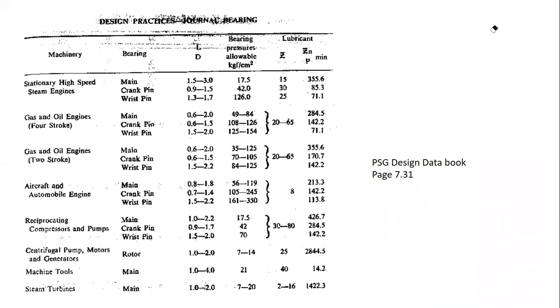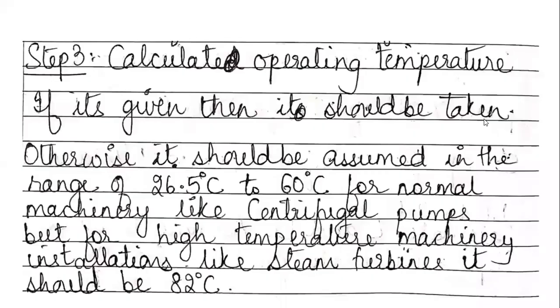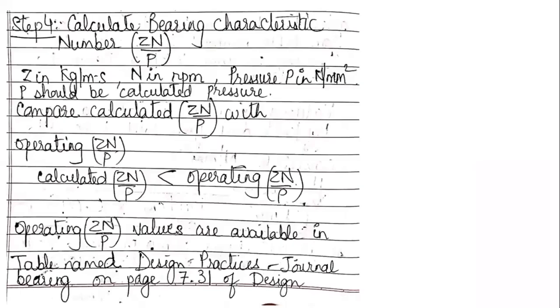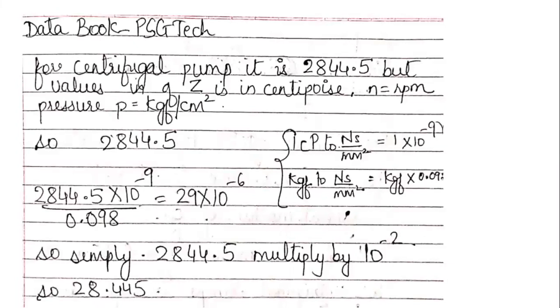Now, you should understand that the values in the PSG design data book are in kgf per centimeter square and different other units. So for centrifugal pump, in the PSG design data book, you saw right now that the value of operating Zn by P was 2844.5.